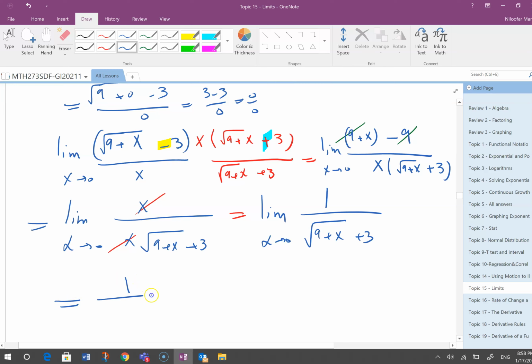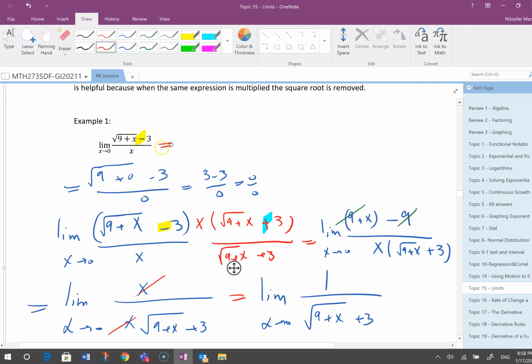When you substitute, if you see that 0 over 0 still exists, you have to do something else. But in this case, it is 1 over radical 9 plus 3, which is 1 over 3 plus 3, which is 1 over 6. 1 over 6 is the answer.